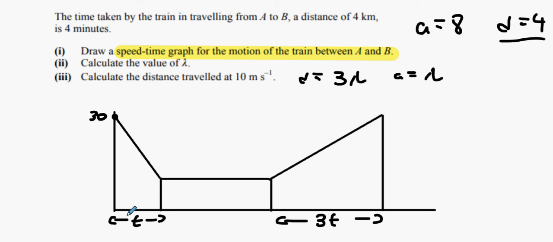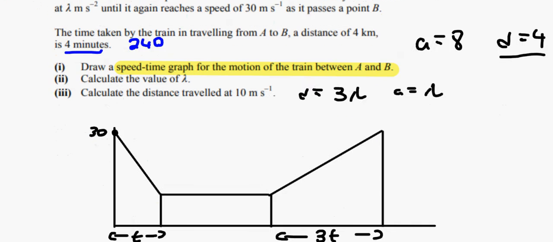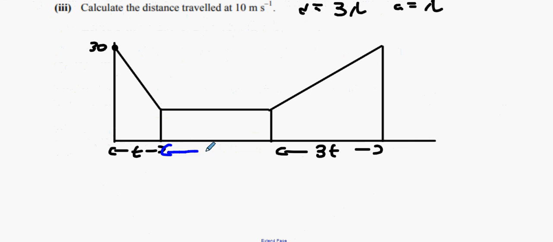Okay? Now, the next thing is the total time. How much total time is it? Here it is here, 4 minutes, which is the same thing as? Anybody? 240 seconds. Yeah. Now, what can you tell me about this middle time then? What do you reckon?